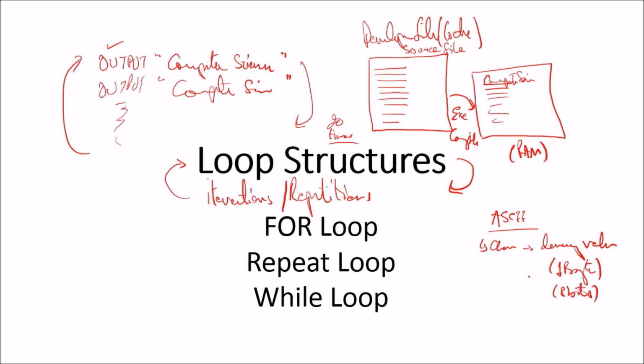Different programming languages also take 4 bytes, or 16 bytes, according to ASCII or Unicode. But let's assume it is taking 1 byte per character. How many characters are there in this one line? 1, 2, 3, 4, 5, 6, 7, 8, 9, 10, 11, 12, 13, 14, 15, 16, 17, 18, 19, 20, 21.